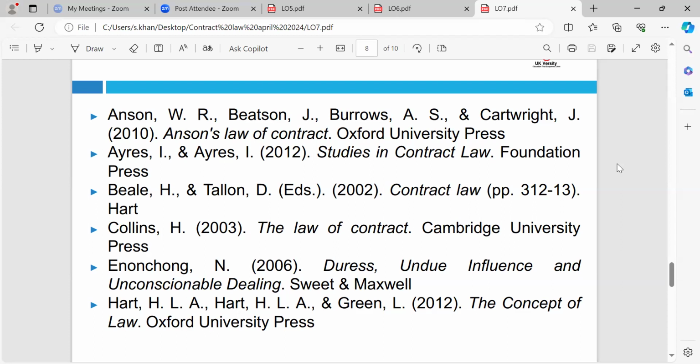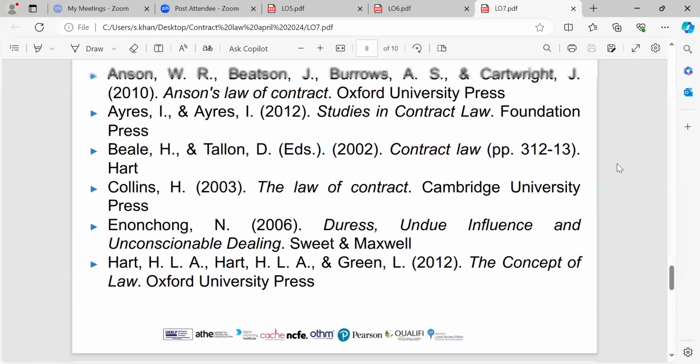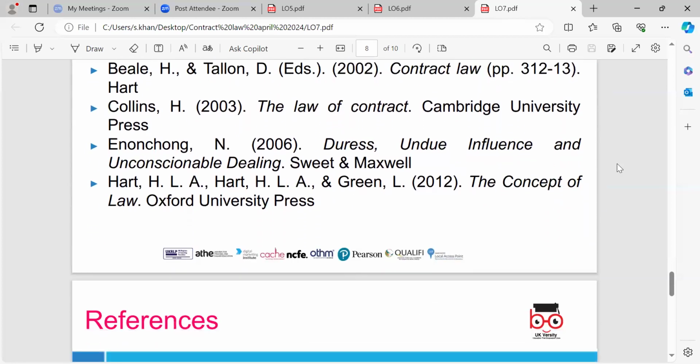We also looked at the elements of remoteness, causation and mitigation with reference to cases and what each element meant. These are the resources that have been used for Learning Outcome 7.